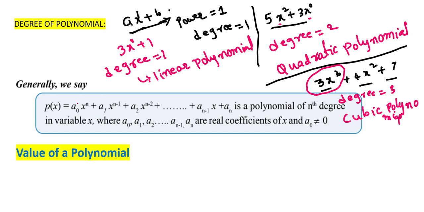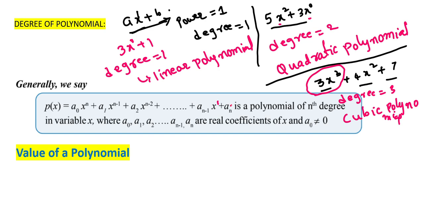In general, we can say that p of x is equal to a naught x power n plus a1 x power n minus 1 plus a2 x power n minus 2, and it continues up to a n minus 1 x plus an.